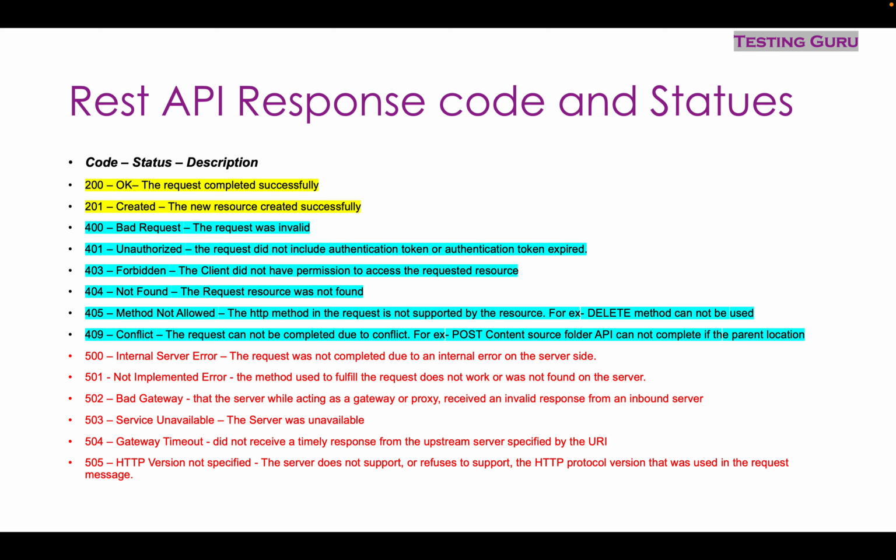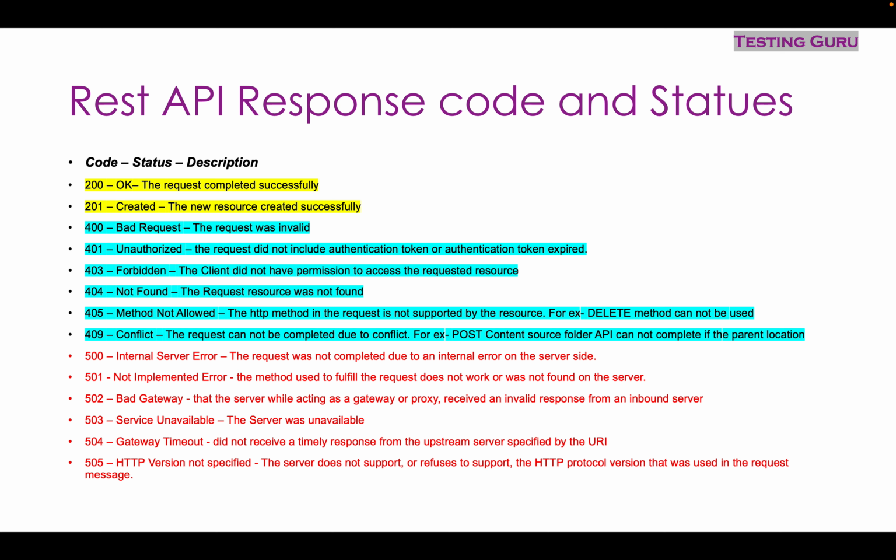Actually 200, whenever we send a request to the API and get a response of 200 OK, that means the request is completed successfully and we got a response, and we can see the response in the response body. Mostly when we send a GET request, we get a 200 response.